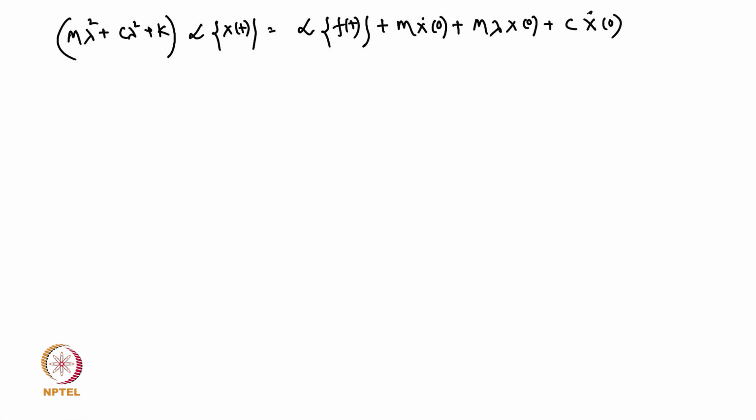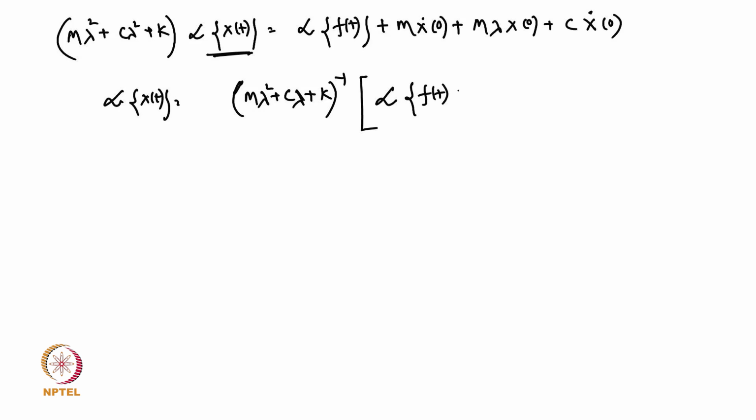So the Laplace of x of t will be equal to this full term. You can also write it as m lambda square plus c lambda plus k to the power minus 1, into the Laplace of f of t plus m x dot 0 plus m lambda x0 plus c x0. That you will get as the Laplace transformation of the complete thing.